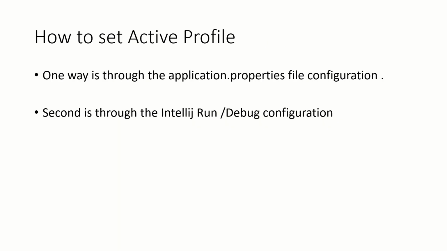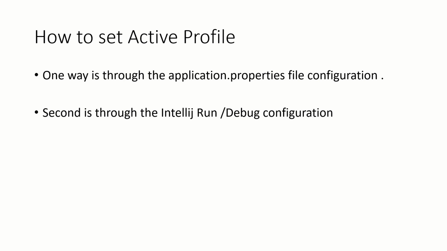Okay, now let me go to the next slide. In this video we are also going to see how to set the active profiles. When we are going to use one of the environments at a time, then we have to set which environment we want to use. So there comes the picture of active profiles. We are going to talk about that as well in this video.